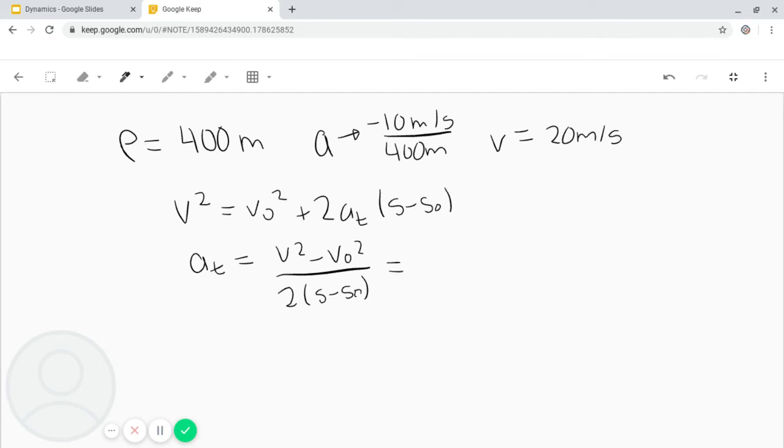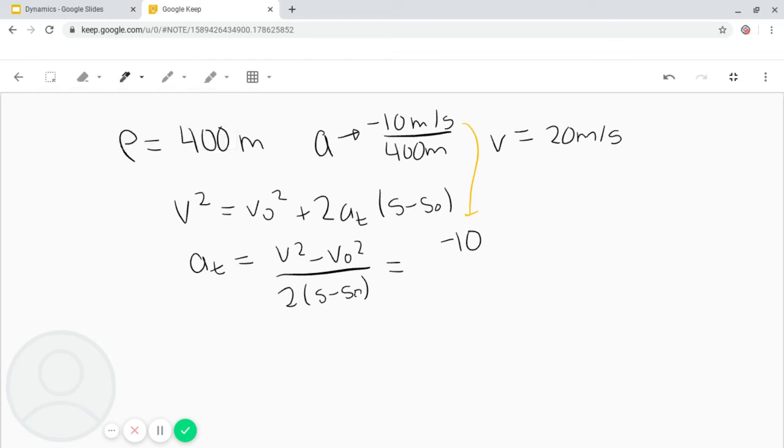And this is just equal to, so we know that the change in velocity is negative 10. That just comes from up here.